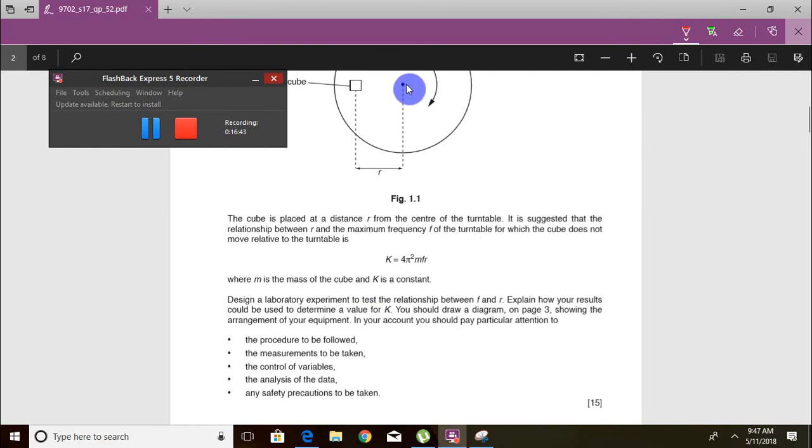As in the distance between here and here. Well, if sometimes you take it as the distance to the center and sometimes to the surface, your data is going to be pretty unreliable. So the method of taking measurements needs to be standardized, right?